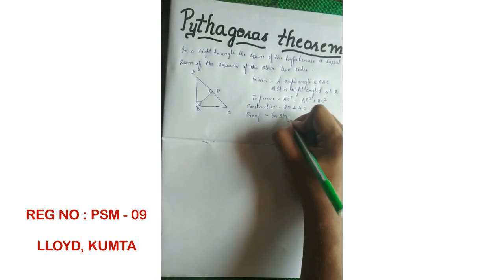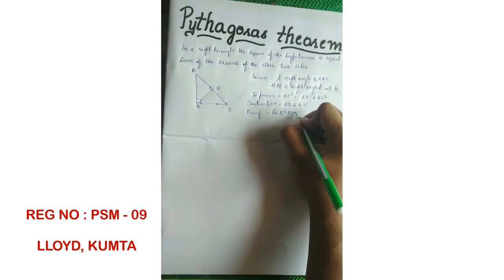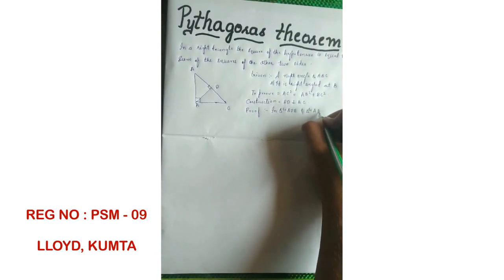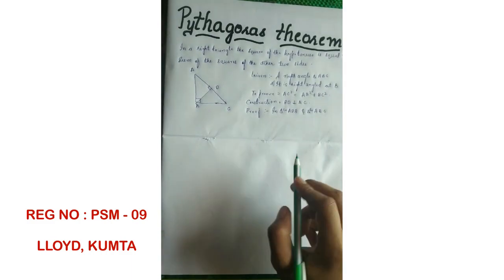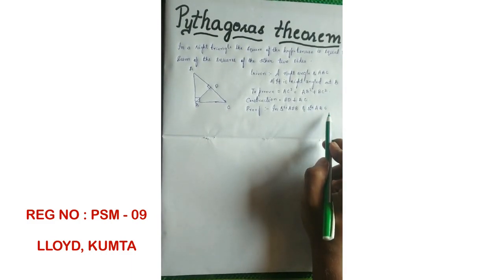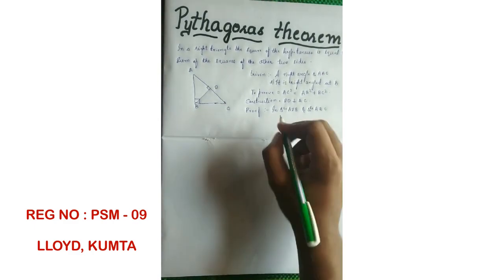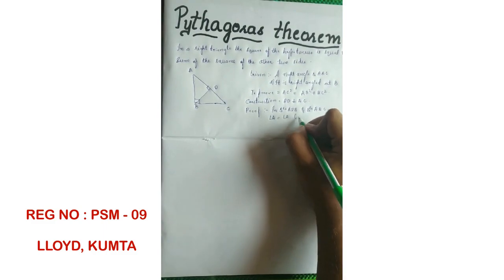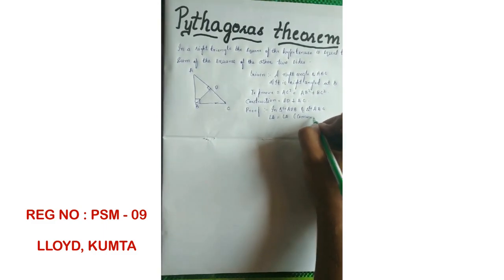In triangle ADB and triangle ABC, in both these triangles, we can say that angle A is equal to angle A, that is common angle.